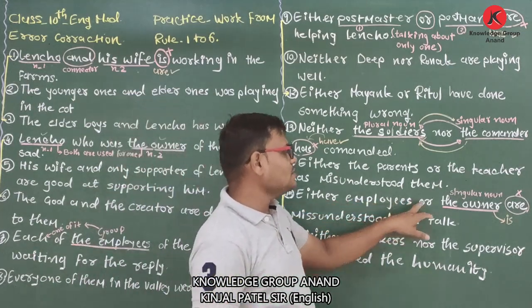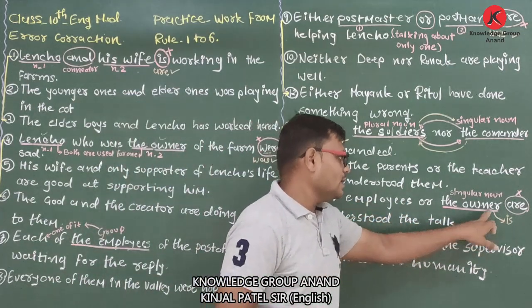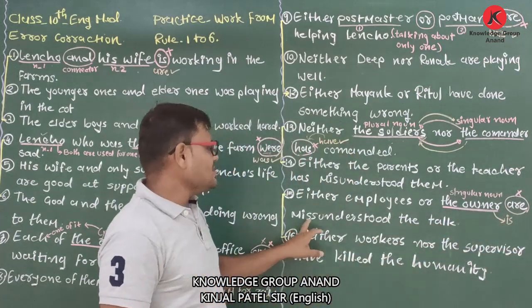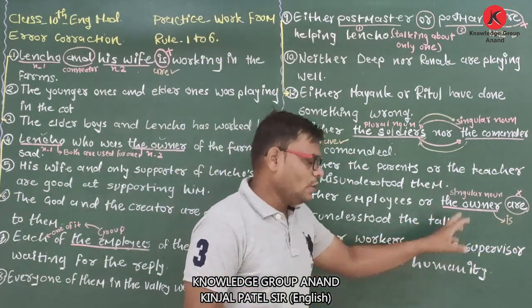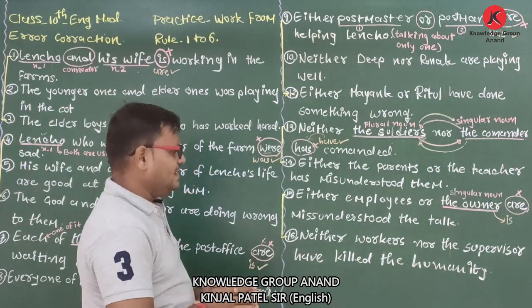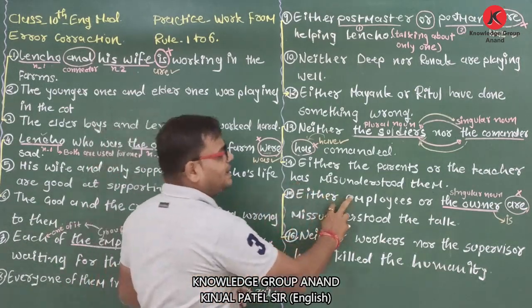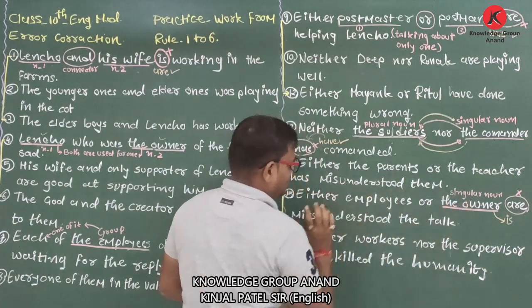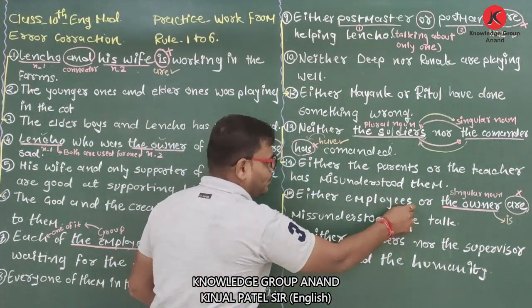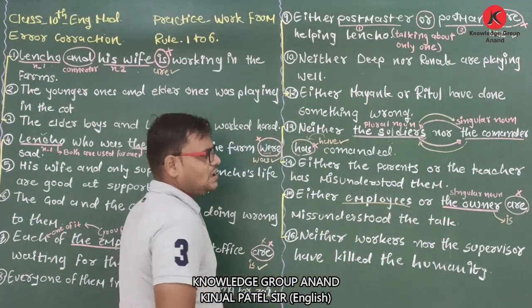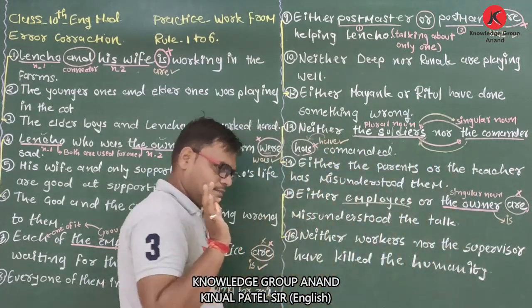Either employees or the owner are misunderstood the top. If you are given a sentence in which there are two different nouns, one is employees and the other is the owner.